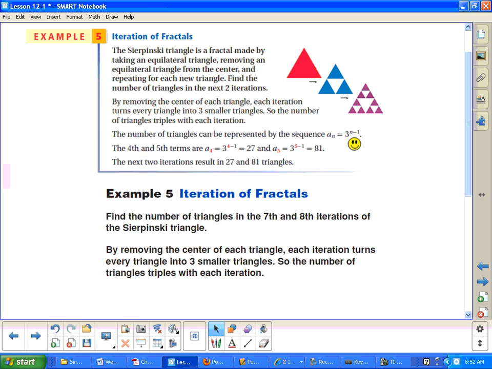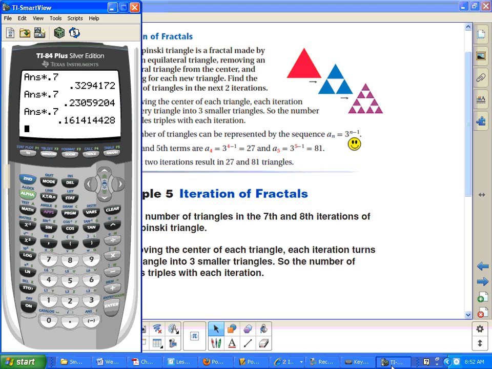So we have our options then with our calculator. We could do 3 raised to the power of 7 minus 1, or 3 raised to the power of 8 minus 1 to get our 7th and 8th iteration. Or we could just take 81, which was our 5th term, multiply that by 3, and we get our 6th term.